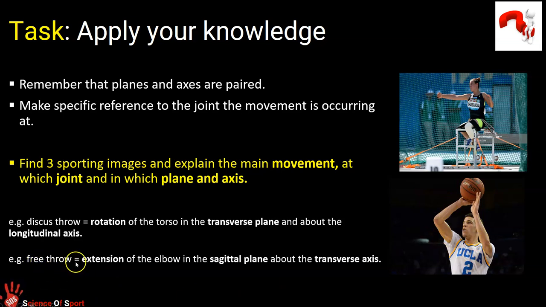So my free throw action is extension, that's the movement, at the elbow joint in the sagittal plane and about the transverse axis. So you've got to find 3 of your own sporting images and write a sentence much like I did to specifically analyse one action from your image.